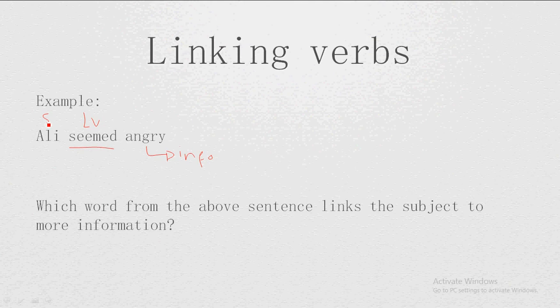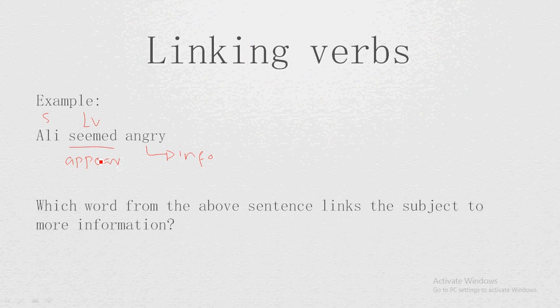Ali is angry. He looks angry. Notice you can change the linking verb to different words that mean the same. So seemed can be changed to appear.